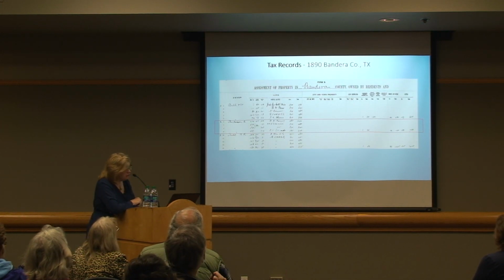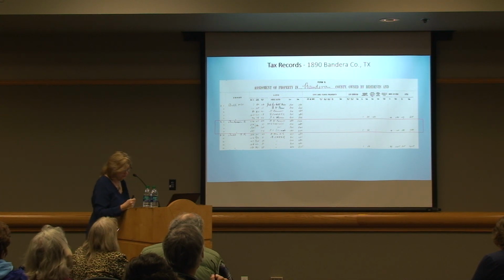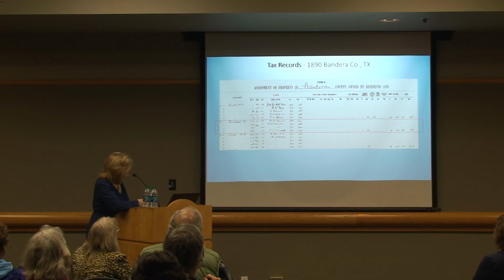Tax records are another great source for finding missing people. While the censuses were taken every 10 years, tax records are considered annual censuses because they will place a certain person in a certain location at a certain time. Now, the questions are going to vary from state to state. I'm going to show you 2 examples and you see what the difference is.